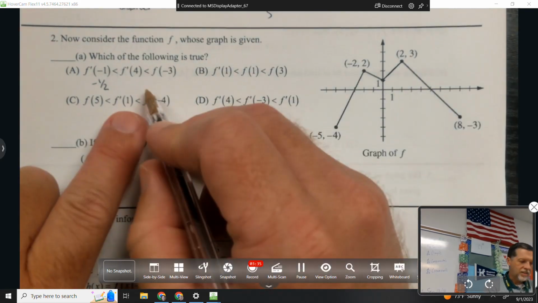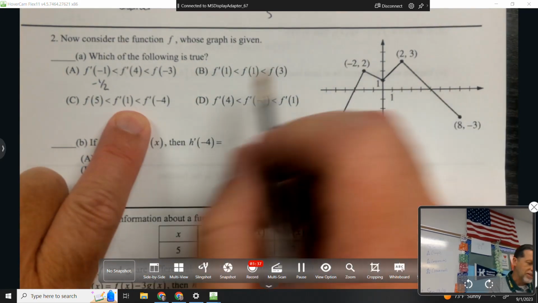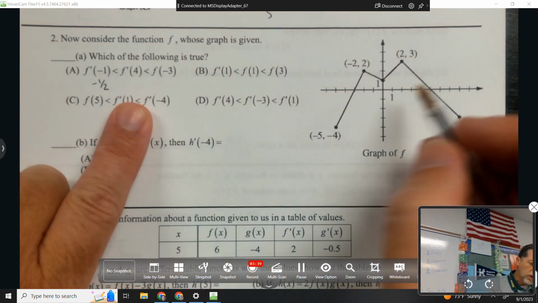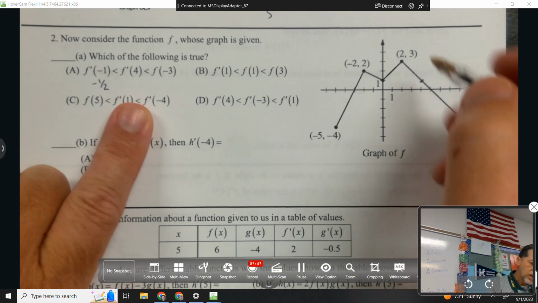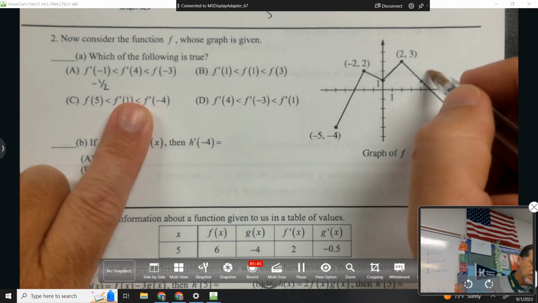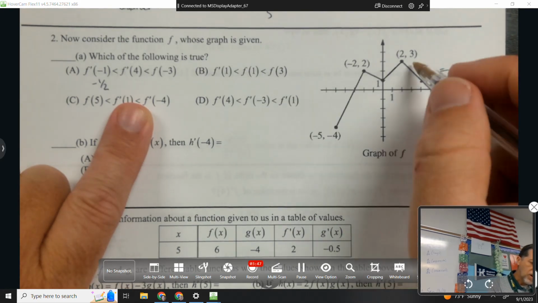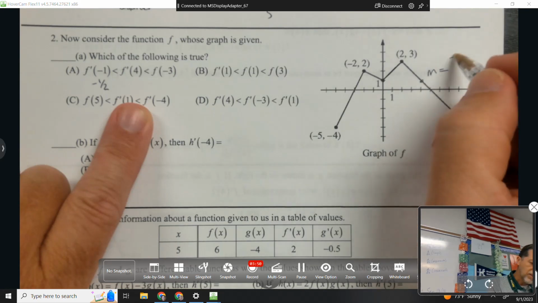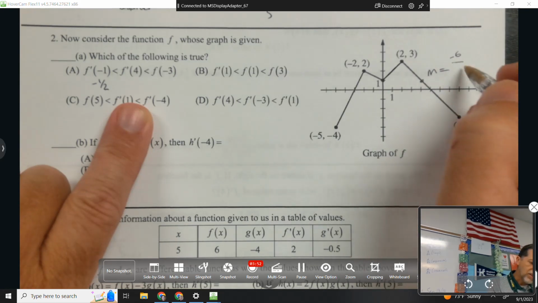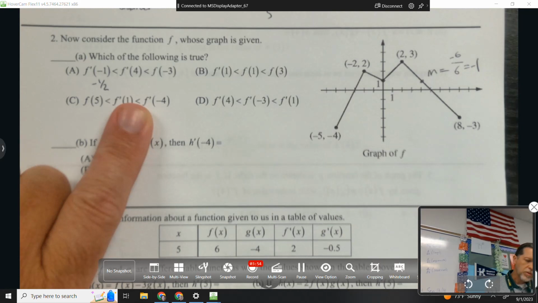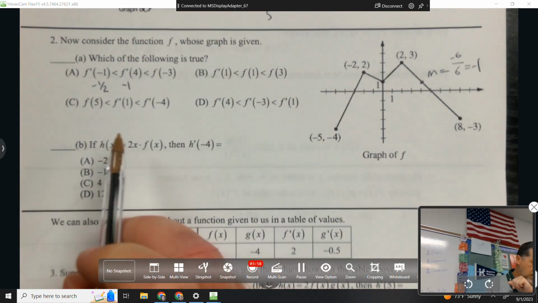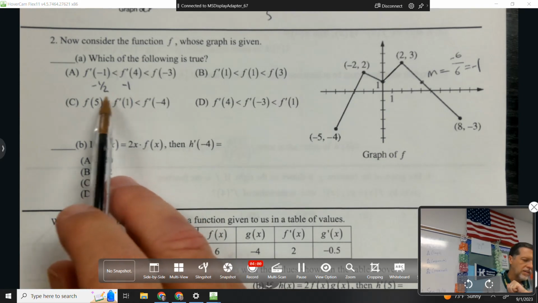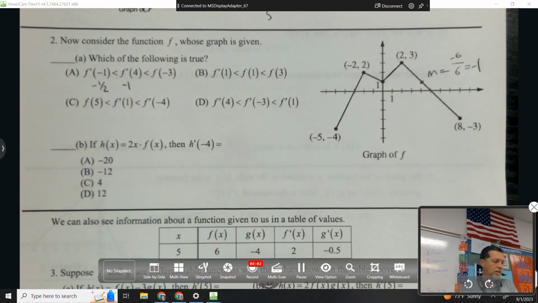I mean, it's calculus words, but it's algebra 1 concepts. F prime at 4. 1, 2, 3, 4. So that slope is, change in y is negative 6. Change in x is 6. So that slope's negative 1. So already we're not right. Negative 1/2 is not less than negative 1. So that one's out.